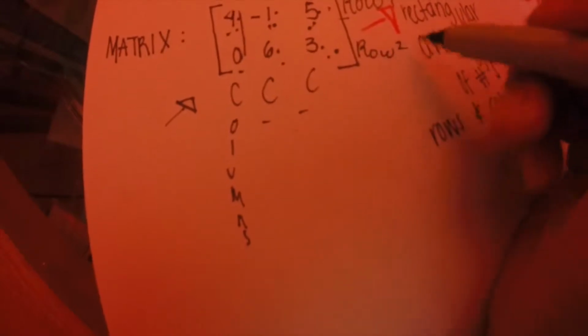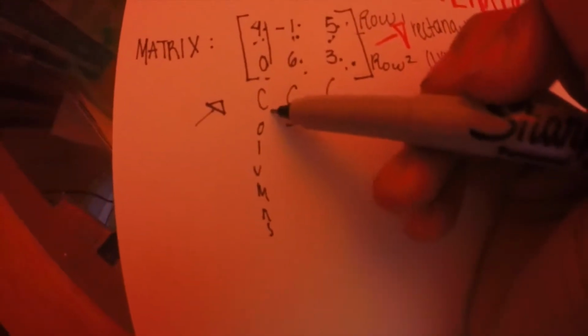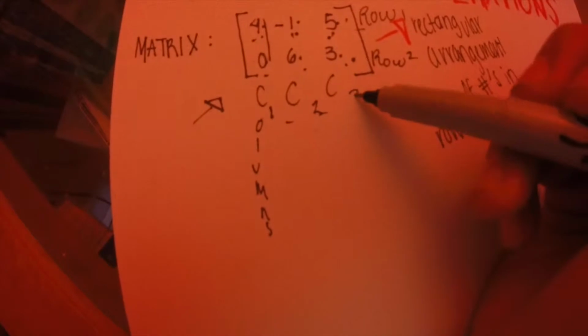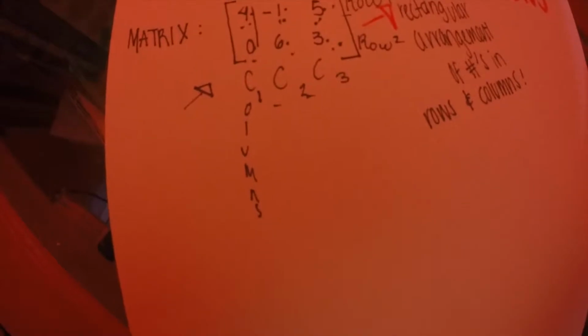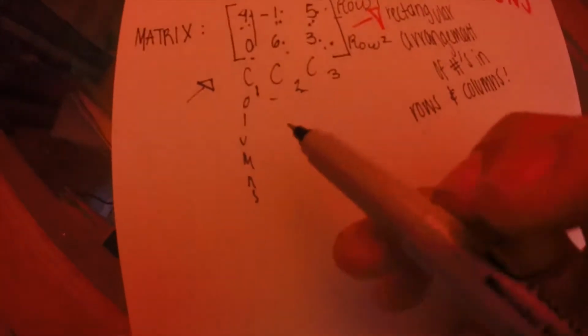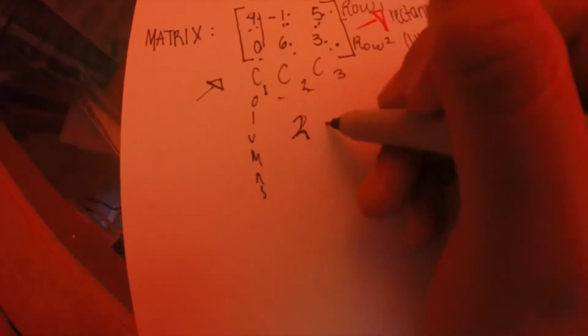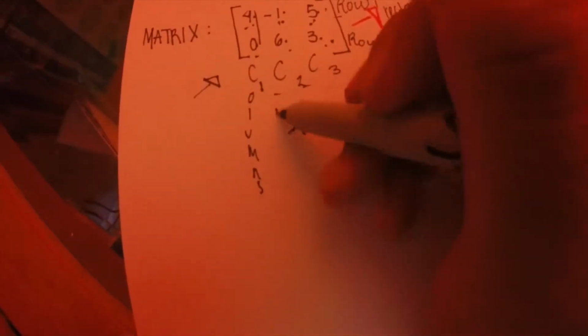That makes row 1 and row 2. And here you would have column 1, column 2, and column 3. You don't always have to graph that, but if you need that, of course you can. So therefore, the dimension of this matrix would be 2 by 3. That would be the dimension of this matrix.